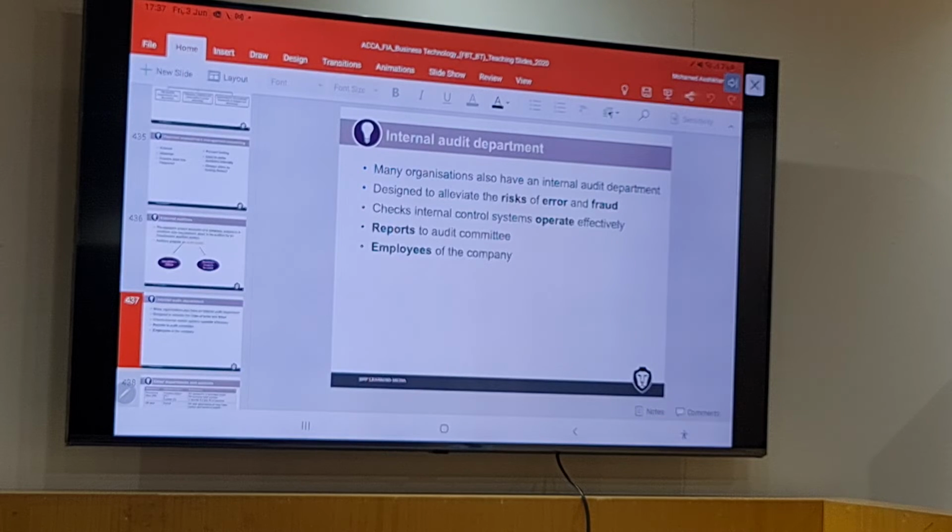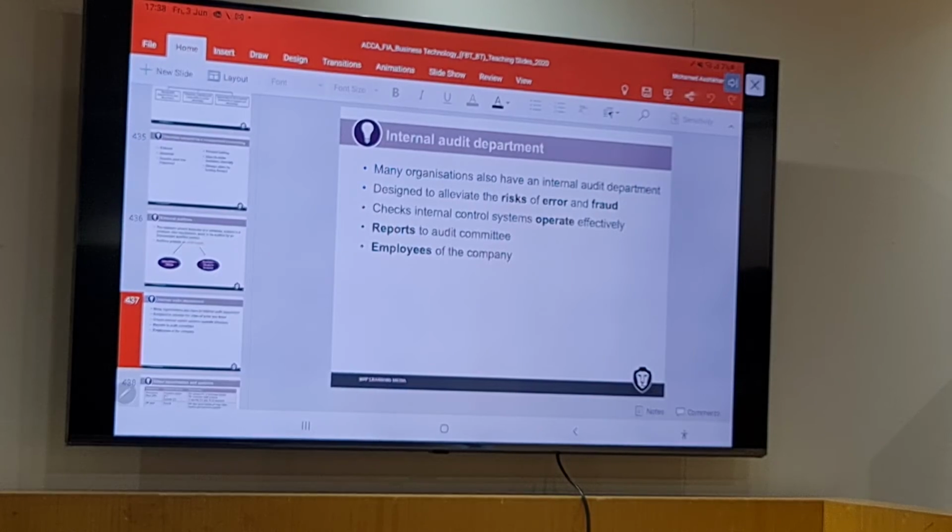Internal audit department. Many organizations also have an internal audit department designed to alleviate the risk of error and fraud. Alleviate, yes, to push up. Escalate.